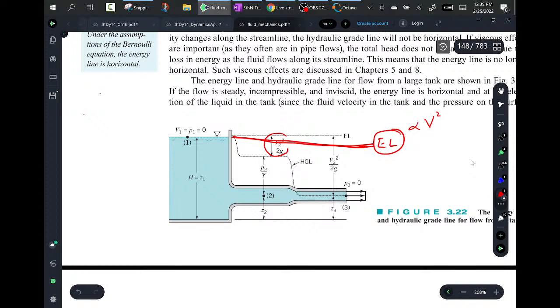So, in other words, the losses are proportional to this. They're not proportional to that or that. So, in essence, what happens is energy is dropped off. The velocity does remain fixed in here, but the whole thing starts dropping.